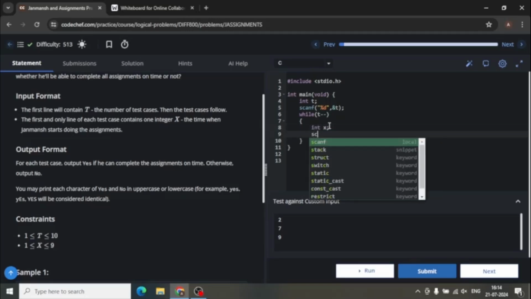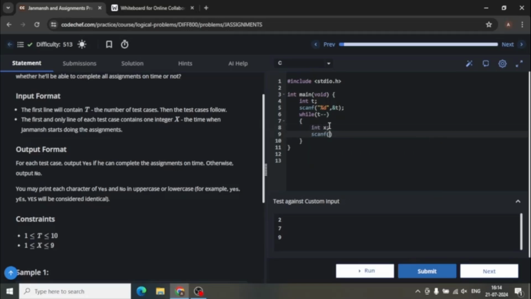Declare and scan X. Print yes if he completed assignments on time. Else print no as output.